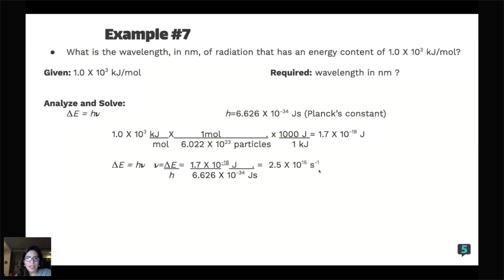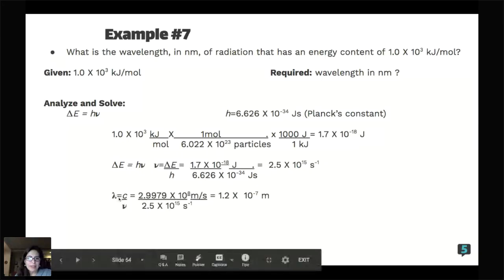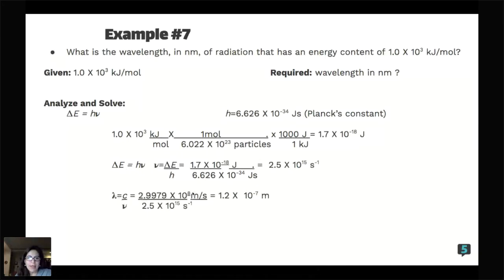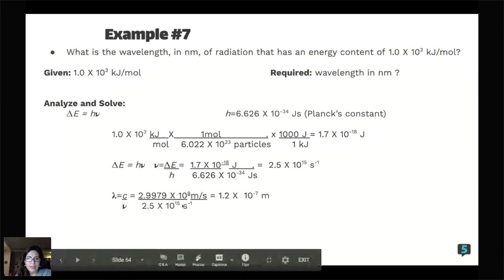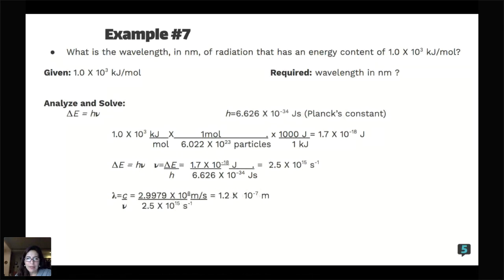So we need to change frequency to wavelength using now this formula. We get the speed of light divided by the frequency that we got above, and now we have the wavelength in meters. Again, we must multiply times the factor of 10 to the power of 9 to change meters to nanometers.